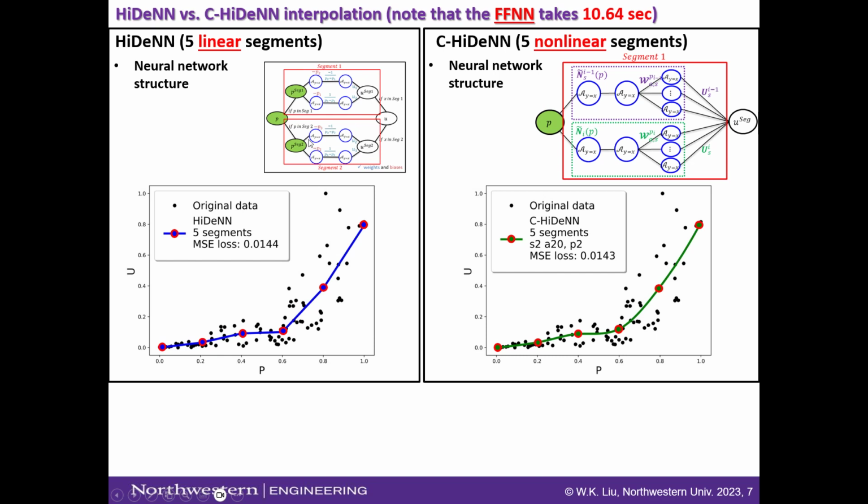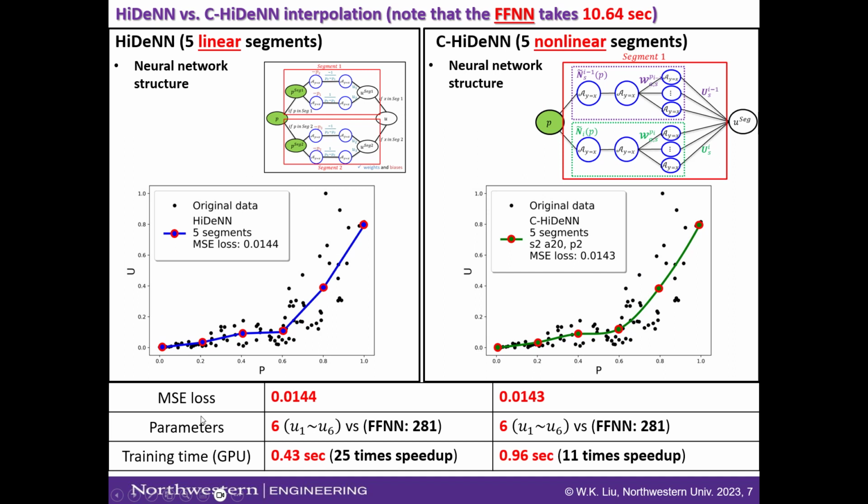And the neural network structure looks like this. So the element-wise neural network has 2 hidden layers, right? 1 and 2. But in convolution HiDeNN, C-HiDeNN, we have an additional hidden layer that represents the nonlinear interpolation. Since we have this additional third hidden layer, we'll be able to achieve this nonlinear interpolation.